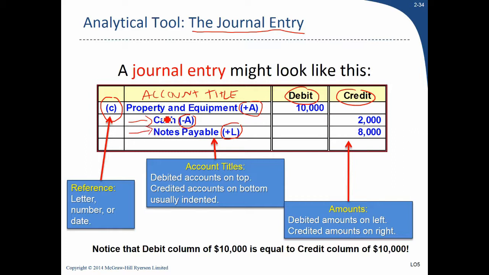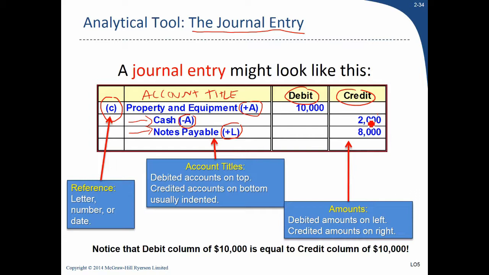Not a coincidence, credits are always indented on a journal entry. Again, think of if you're doing computer programming, you need to have indents sometimes or it doesn't understand what you're saying, right? The indent is read as credit. In fact, you don't even need to look at these column headers, debit, credit, because you see the indent for cash, and on the right-hand side is the amount.